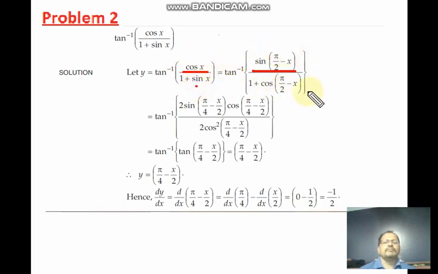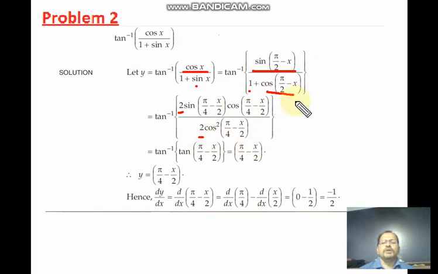Write it here. Now in the numerator, sin of something, use the formula of sin 2 theta. Sin 2 theta is 2 times sin theta cos theta, and the denominator is 1 plus cos 2 theta. 1 plus cos 2 theta is 2 cos square theta.